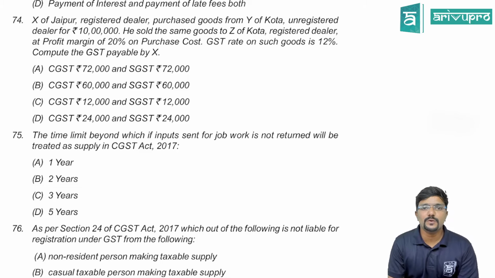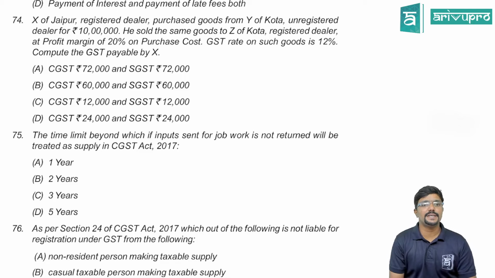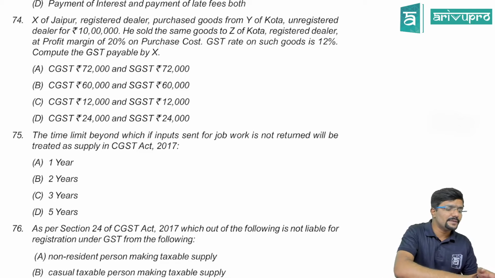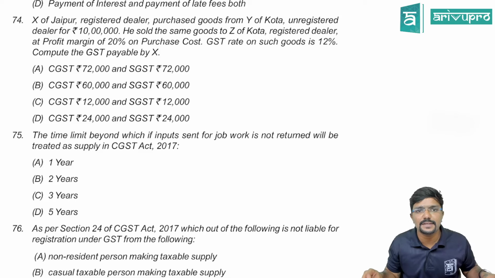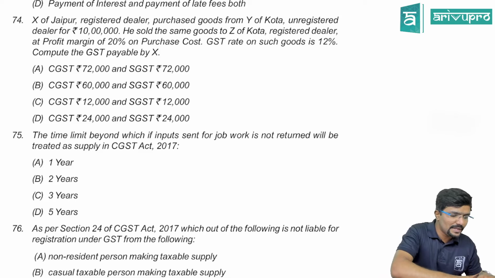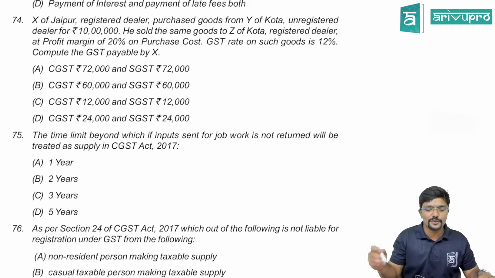He sold the same goods to Z of Kota, registered dealer, at a profit margin of 20% on purchase cost. So what is the purchase cost for him? 10 lakh. On that 20% he is adding, so which comes to 12 lakh. Okay, so his selling price is 12 lakh. GST rate on such goods is 12%. Compute the GST payable by X. So on 12 lakh, 12% comes to 1,44,000.